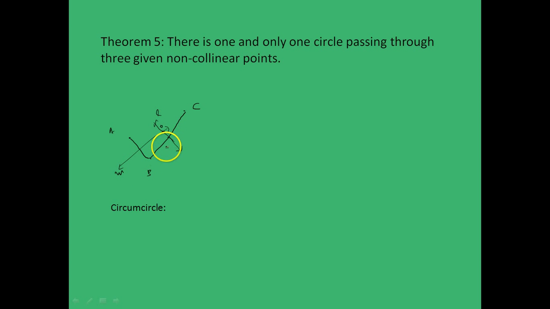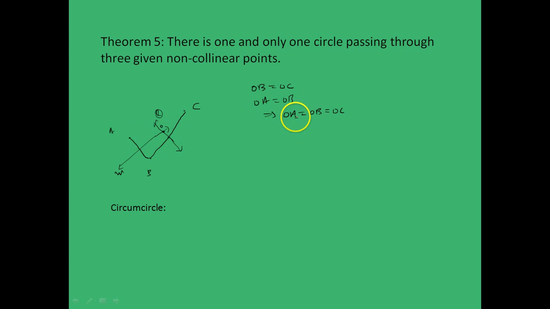Now because L is the perpendicular bisector of BC, OB and OC are equal because O is the point lying on L. So this implies OB is equal to OC. And similarly, because O also lies on M and M is the perpendicular bisector of AB, OA is equal to OB. This implies OA is equal to OB is equal to OC.